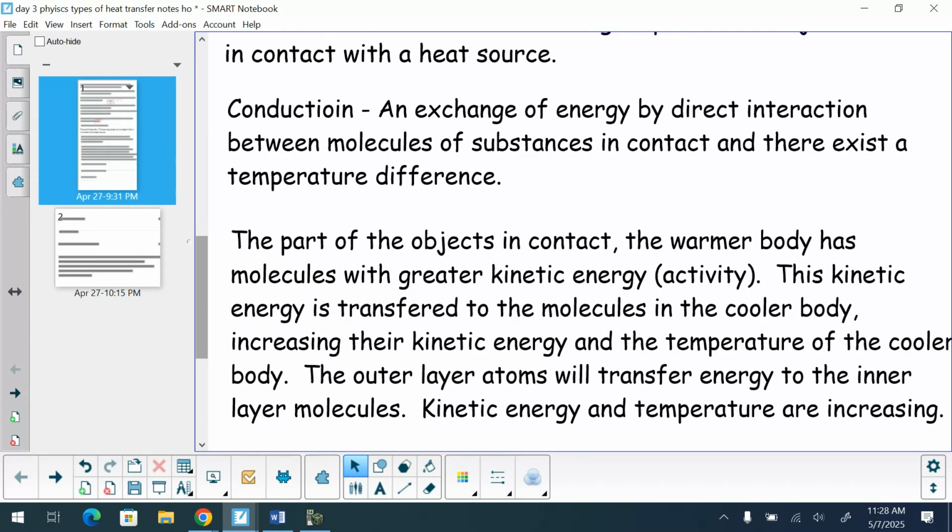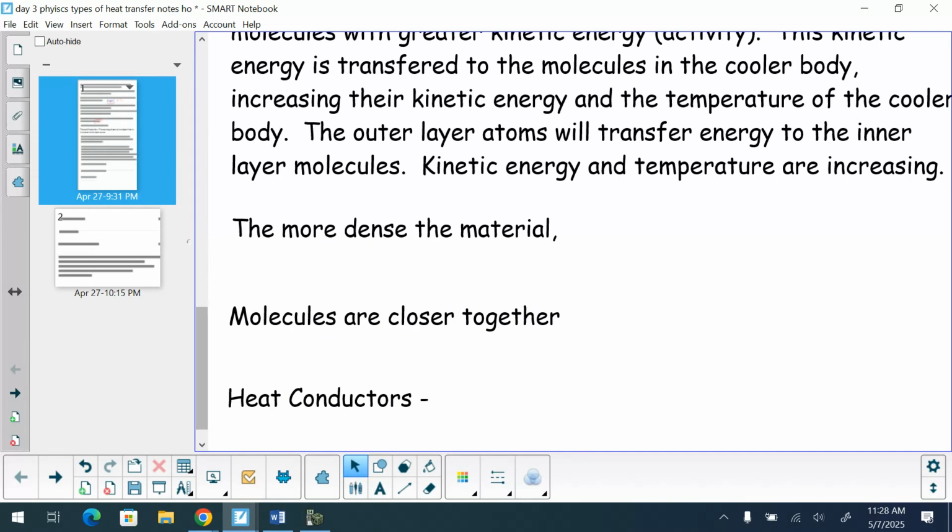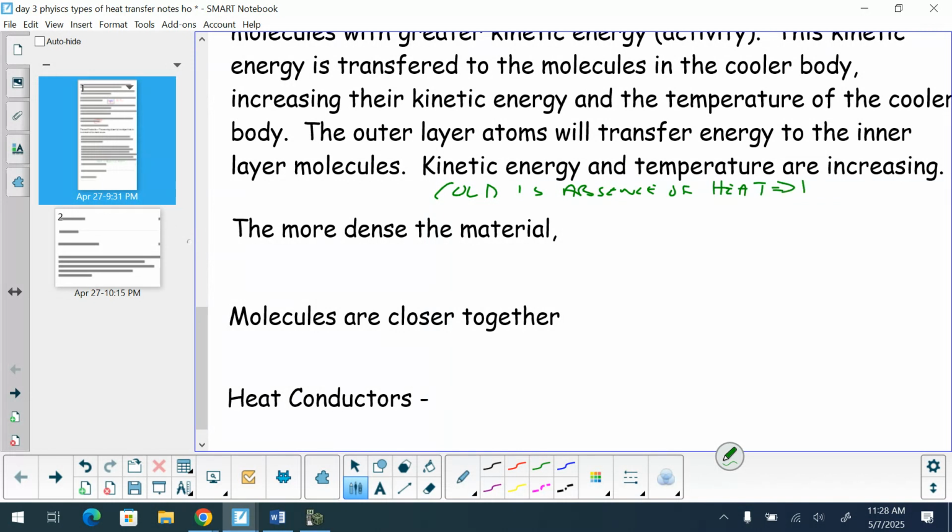So you can think about cold as the absence of heat, which is the absence of kinetic energy.